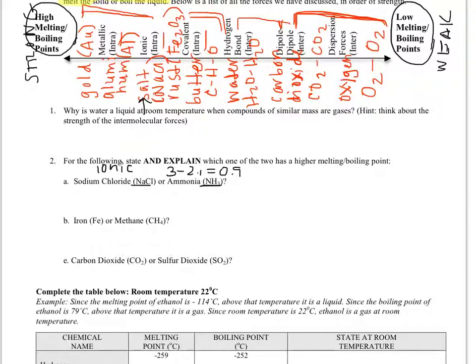Now we're going to go to worksheet 5, where we have our bonding forces chart. We're going to look in the intermolecular forces column, and we're going to see that 0.9 falls in that range between 0.5 and 1.69, which means that this is a dipole-dipole bond, and specifically because hydrogen is in it, it's a hydrogen bond.